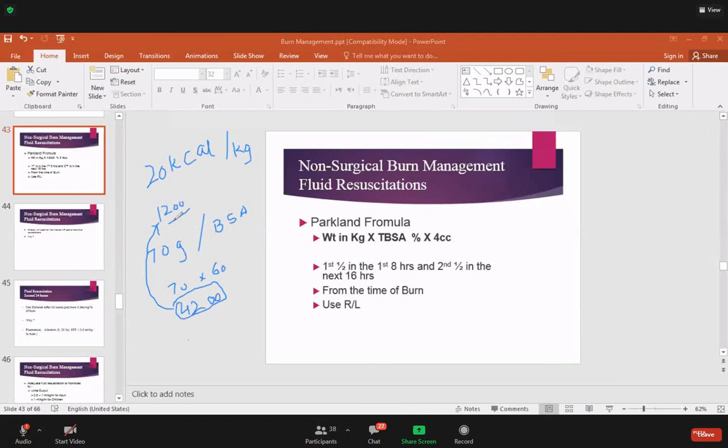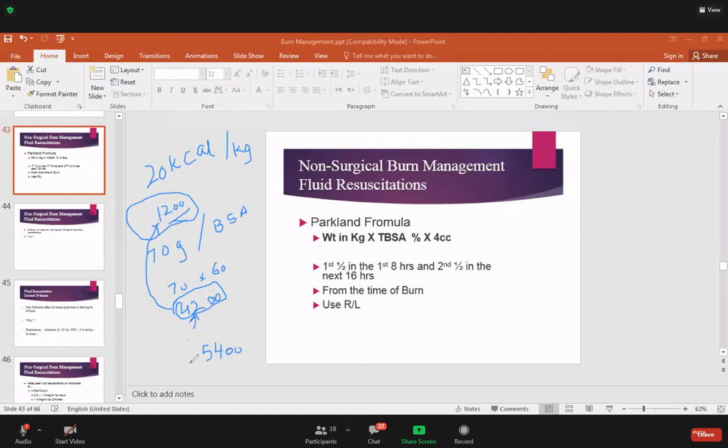Okay, this is what we say is almost normal for that person. But now, as he had 60% body surface area burnt, these 4200 kilocalories should be supplemented to him, and his total caloric requirement is now 5400 instead of 1200.